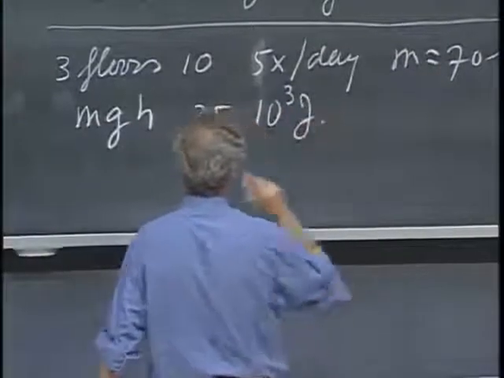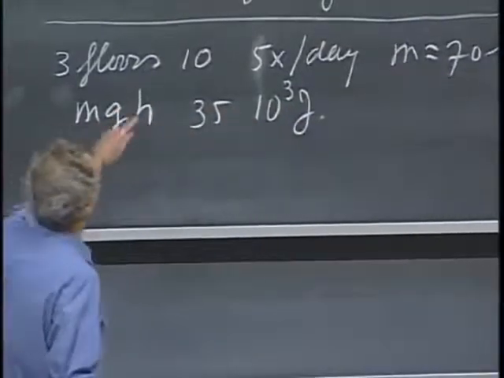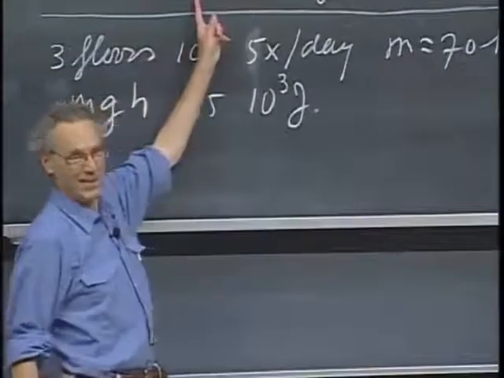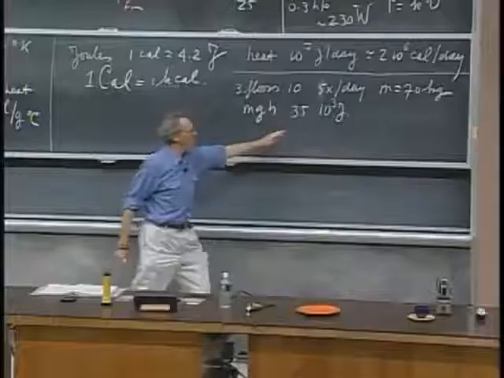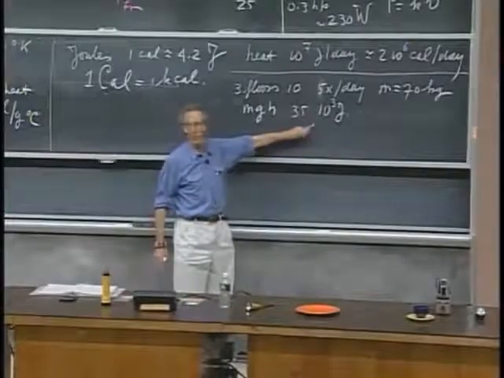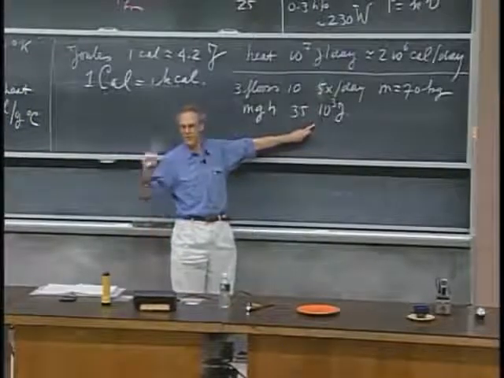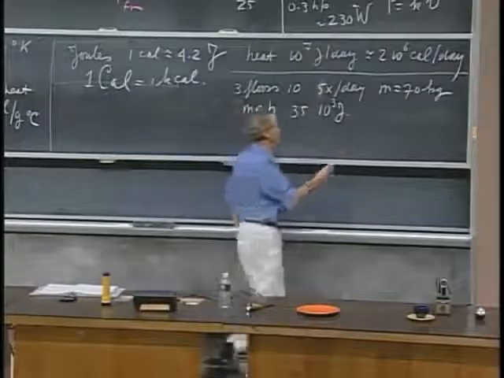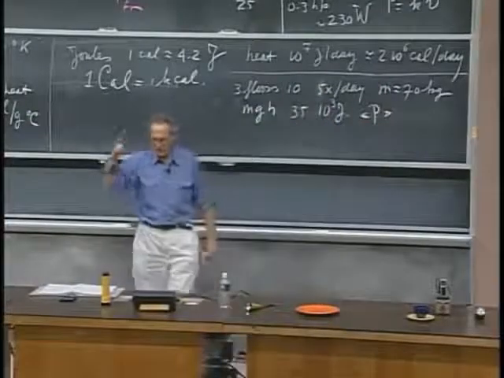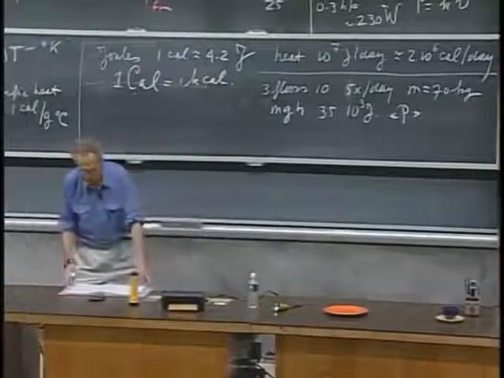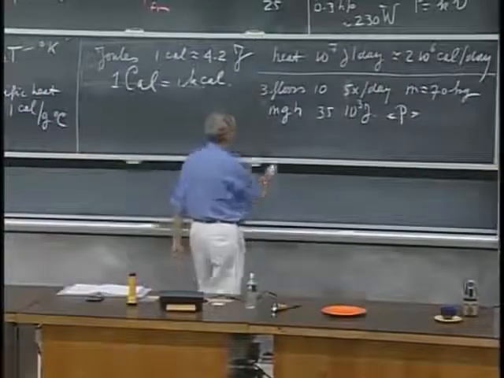35,000 joules. Compare that with the 10 to the 7 joules per day that your body generates in terms of heat. You think you have to eat a little bit more for these lousy 35,000 joules? Forget it, it's nothing. In fact, your average power, if you walked up these stairs and spread it out over a day, and say it took you 10 hours.